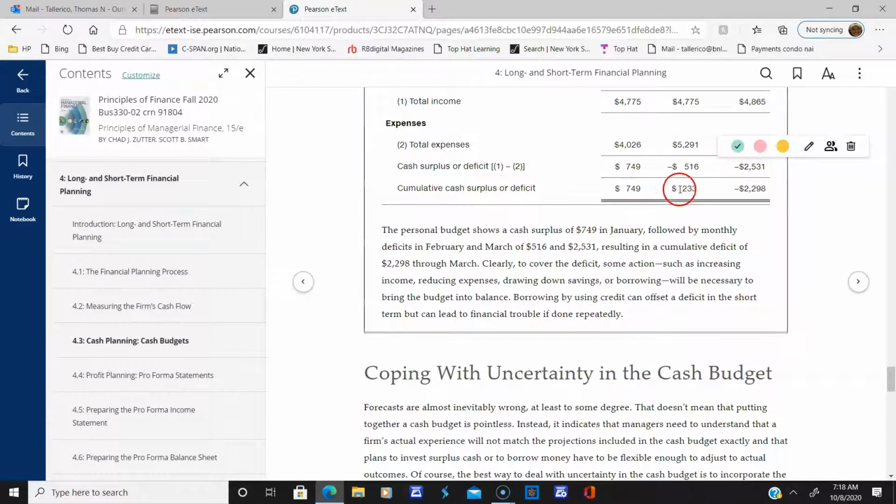And here's your cumulative. If you subtract that from that, you'll have this. Here's the extra surplus you have left, and then you take that surplus and add it to that, and this is what your deficit is.